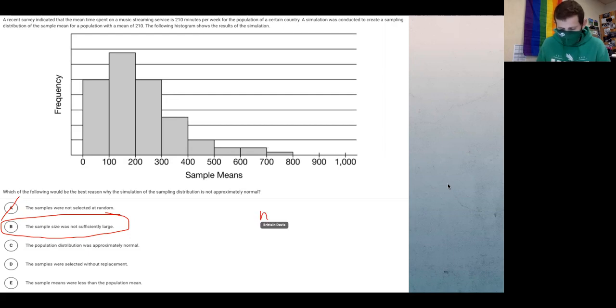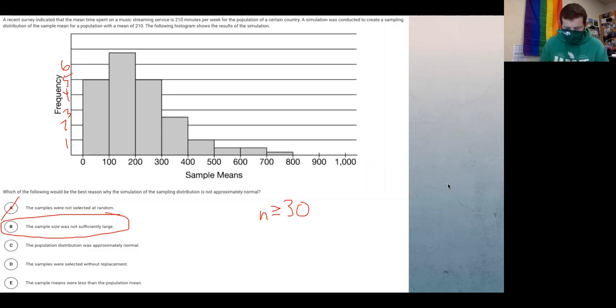And for this, we have a rule, it's the central limit theorem, that says that as long as you have a sample size of 30, you should get an approximately normal distribution for the sampling distribution. But maybe that didn't happen here. In fact, it looks like if these are just counting by ones, then, well, it's not. But whatever the case, somehow they didn't get a big enough sample size.